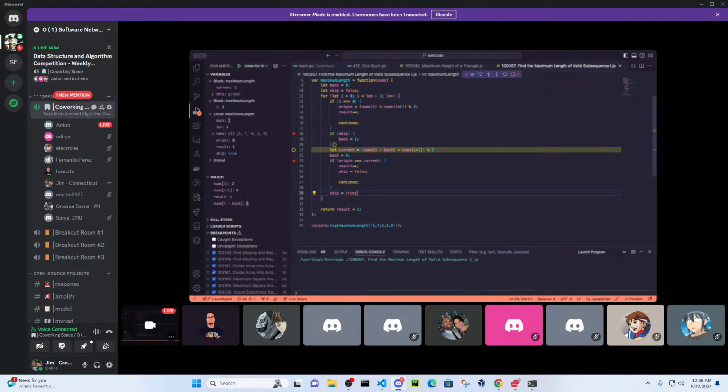And for this exact case I was stuck, because we need to skip several elements. So we need to add, I suppose, here. And here we need to check if back.